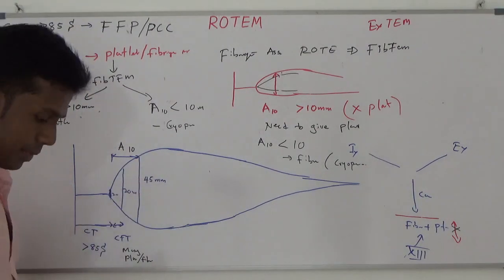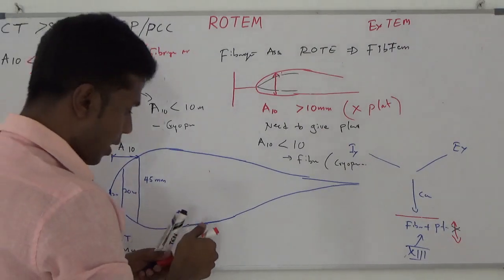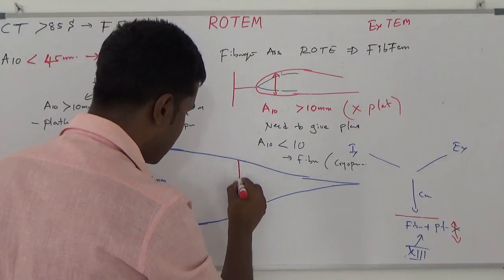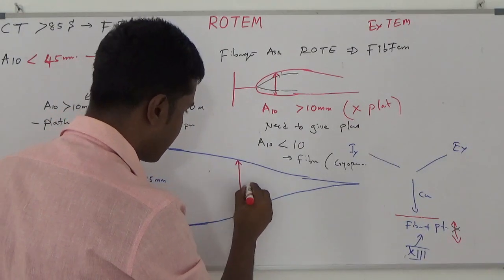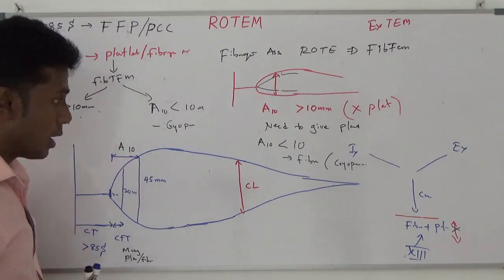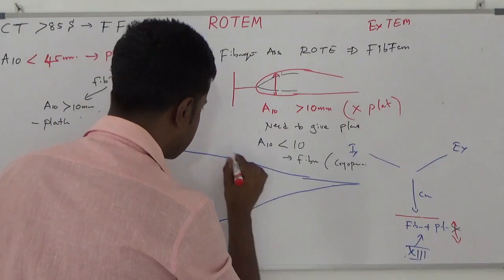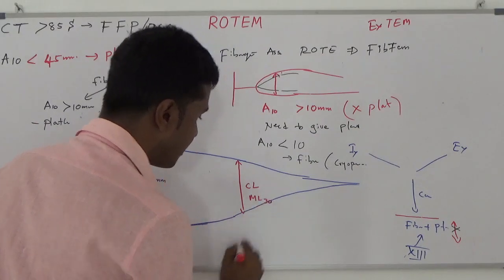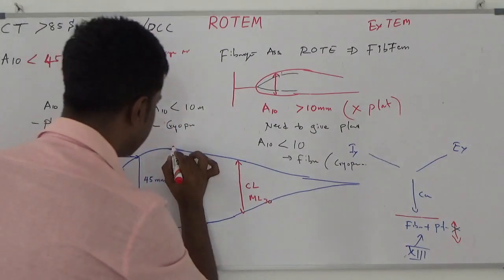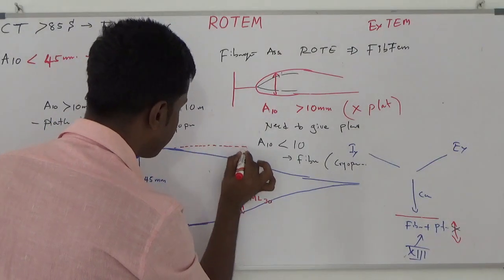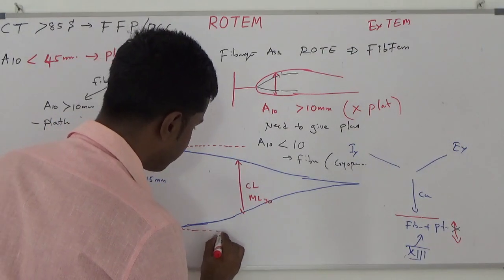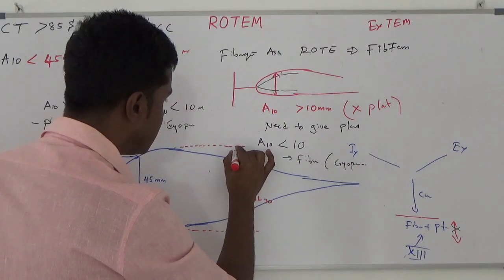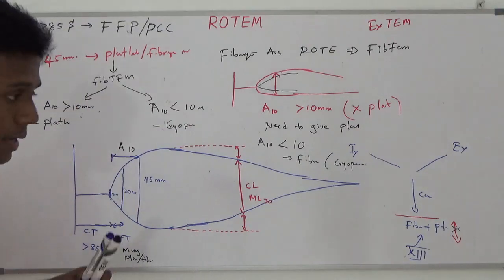Then I am going to check, after about 1 hour, the clot lysis, also called maximum lysis in 30 minutes. Here you have the maximum clot size. This is the amount of lysis, from here to here.